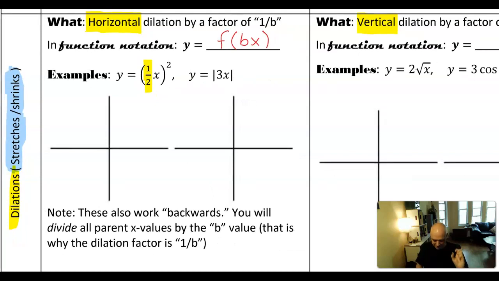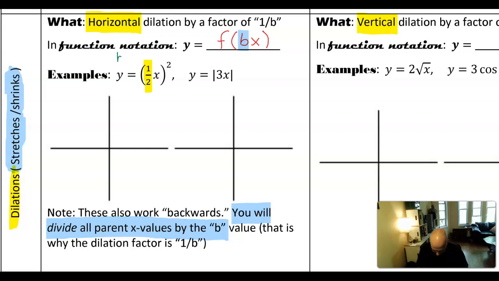Like the shifts, these also work in the way, like backwards, I guess. So when you have a b value attached to the x, you actually divide all the parent's x values by that b. So a 1/2 x squared, you might think that's going to be a shrink or a compression.